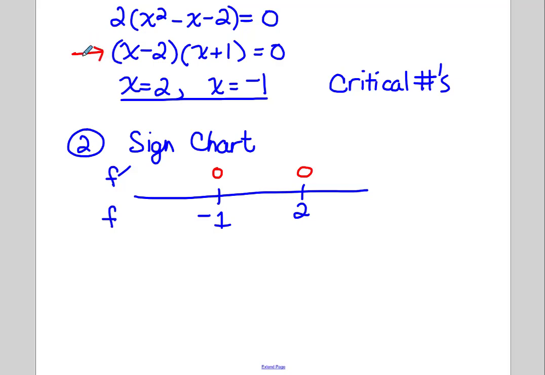If I test a number in there, I could test a number on this piece of the domain, and let's say we thought about x being -2.